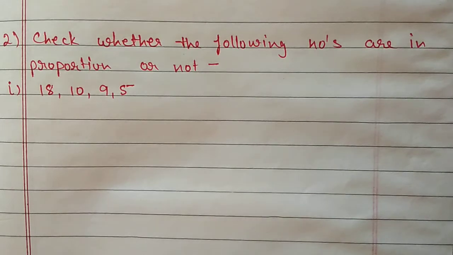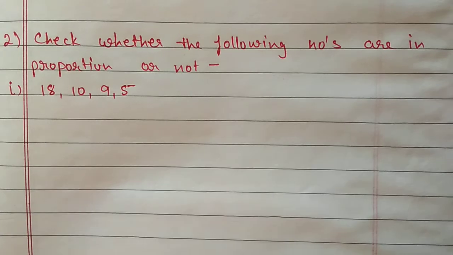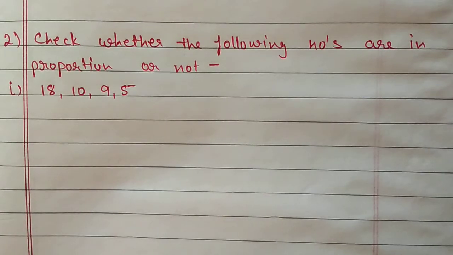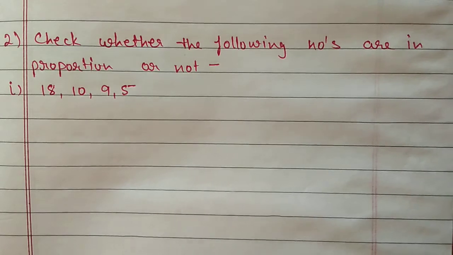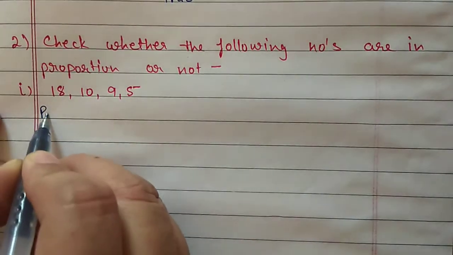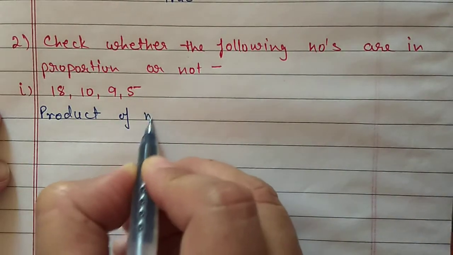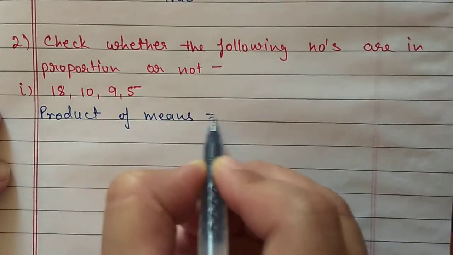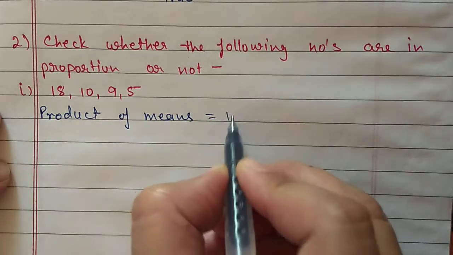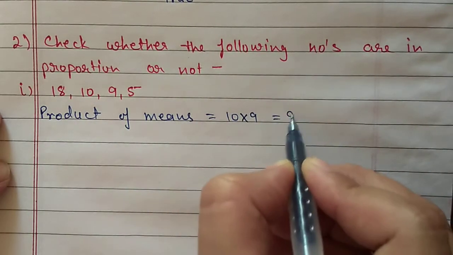Next, question number 2. Check whether the following numbers are in proportion or not. We have to do the same work whatever we have done in the first question. We will find out the product of means and product of extremes. Product of means: mean numbers are here 10 and 9. 10 into 9, 90.